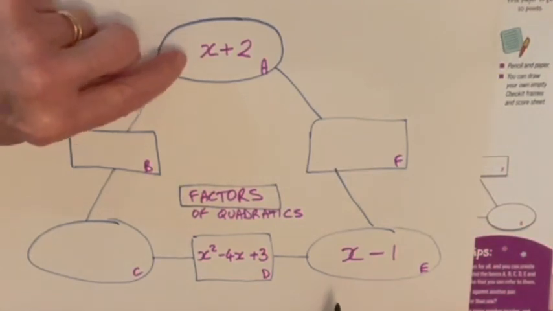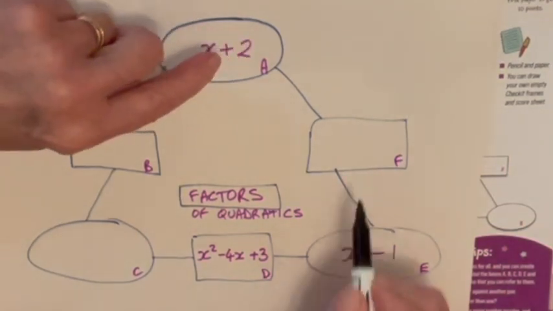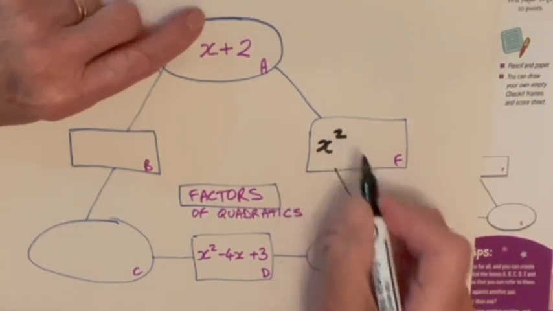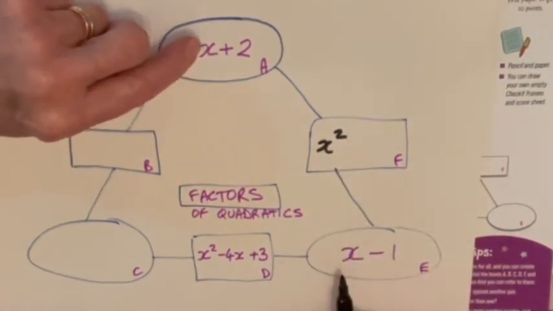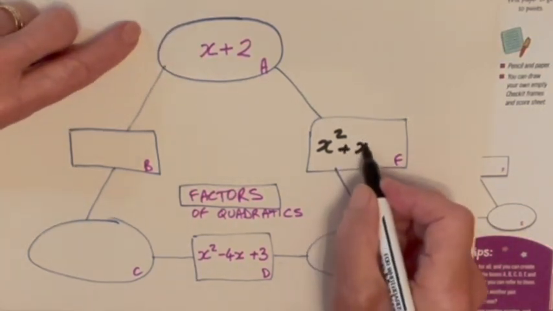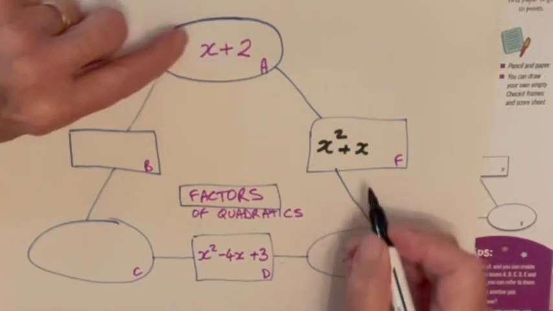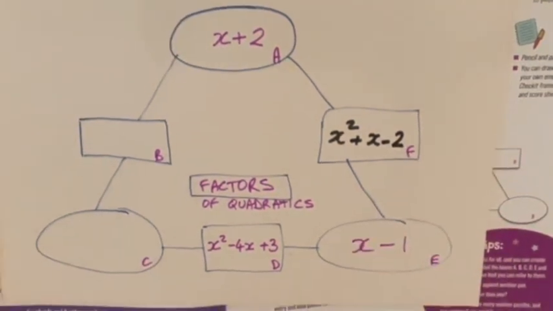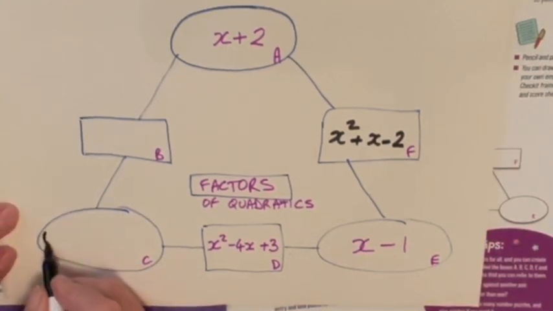So here we've got to multiply these two terms to get the quadratic. So we've got x squared, plus 2x and minus x, which is plus x. And we've got plus 2 times minus 1, which is minus 2. Now here we know one of these factors is x minus 1.